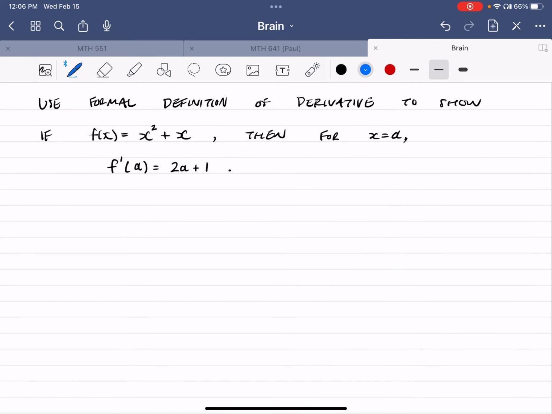Okay, now our next one. Let's again use our formal definition of the derivative to show that this function for an arbitrary value a is equal to f prime of a equals 2a plus 1. I'm actually going to change this up and maybe make this 2. So f prime of 2 is equal to 5.